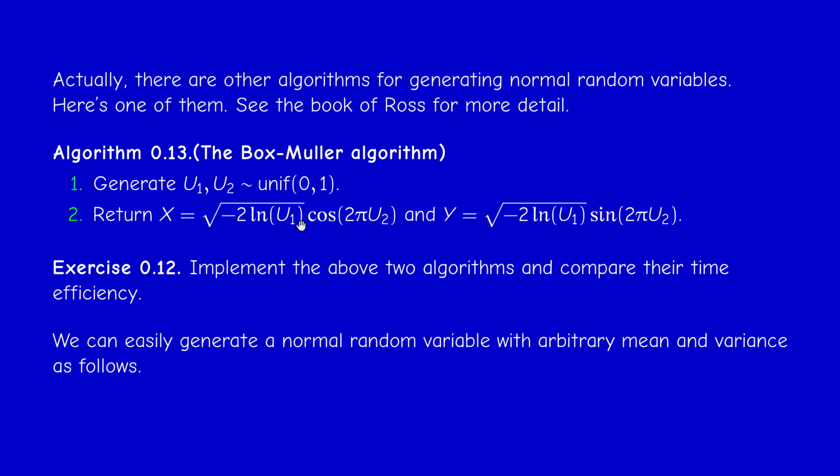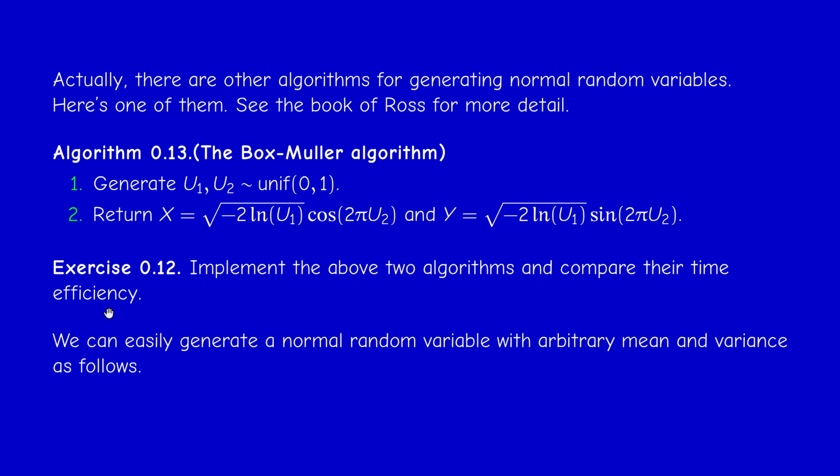I'm not going to prove that; see the proof in the book of Ross. But you'll have to implement that. This is another method that you should know to generate the standard normal. As an exercise, you'll have to implement the two algorithms and compare their time efficiency.